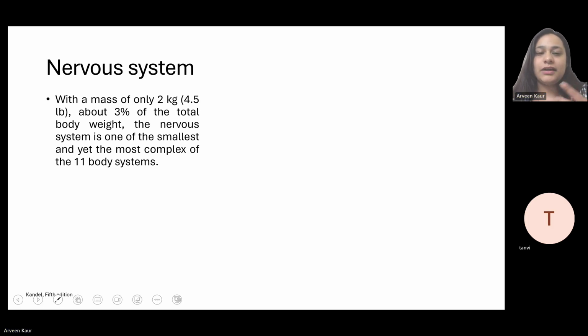In relation to that, I was reading once when I was preparing for my comprehensive exam that the brain, although it is only 2% of the body weight, over here it's written 3%, so 2 to 3% of the body weight, still demands 20% of the entire glucose that is there in the body.